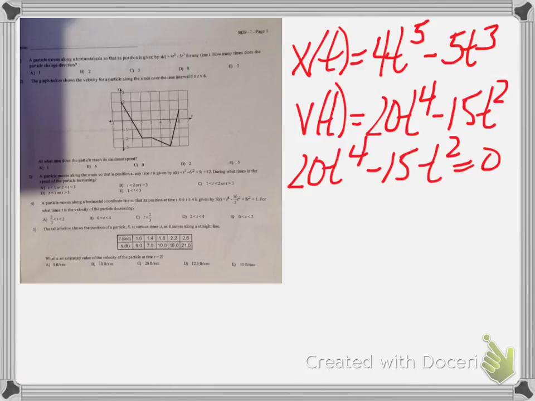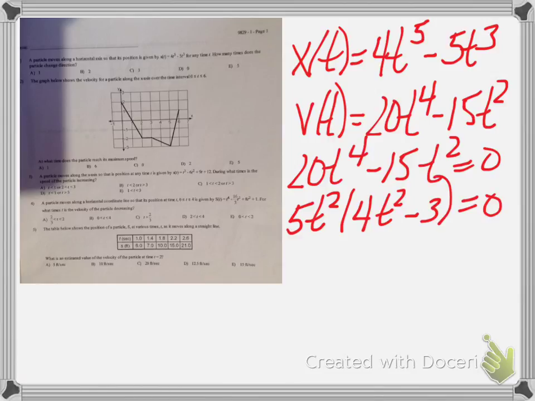Okay, and we can divide each term. Well, you could divide, or we could just go right to factoring. I guess let's just go to factoring. We'll factor out a 5t squared. Okay, so if we set each of these equal to 0, you're going to get t equals 0.